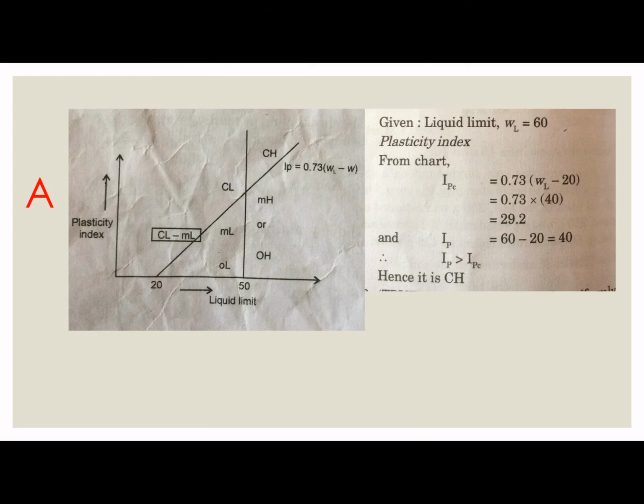So therefore IP is greater than the A-line IP. So from the graph it is known that the soil is represented by the marking CH, since the liquid limit is 60, which is above 50, and this 40 value for the IP is greater than the A line. So it is coming to be CH.